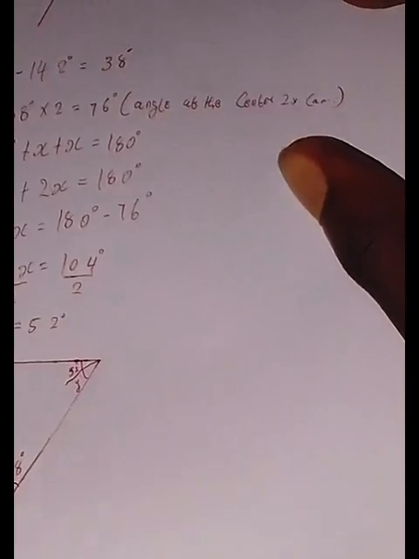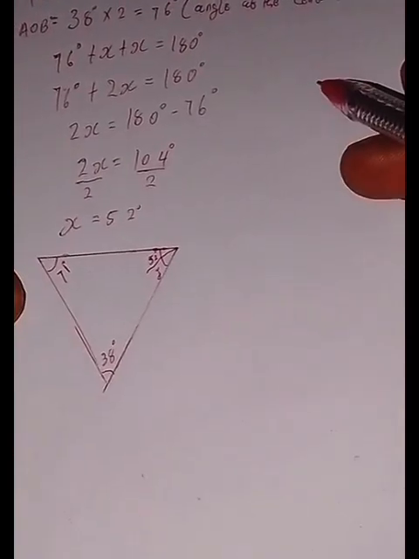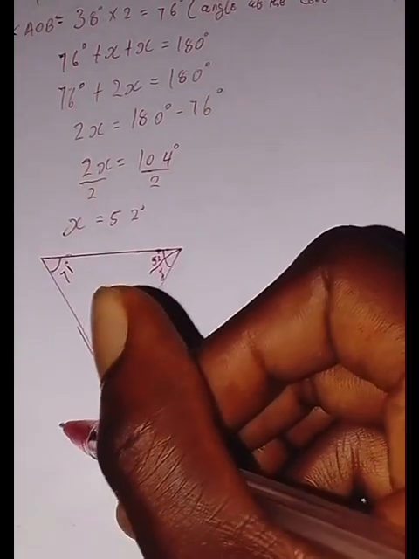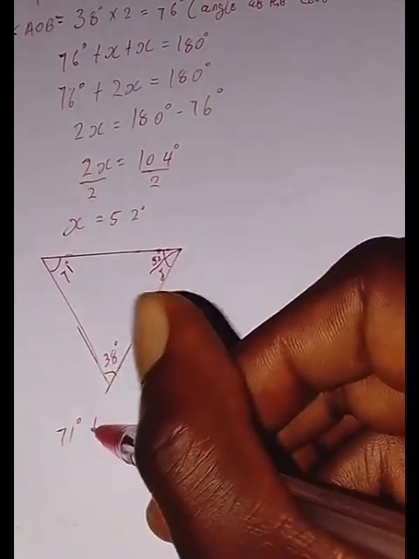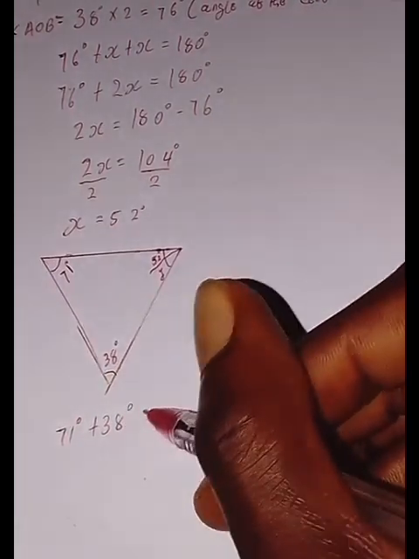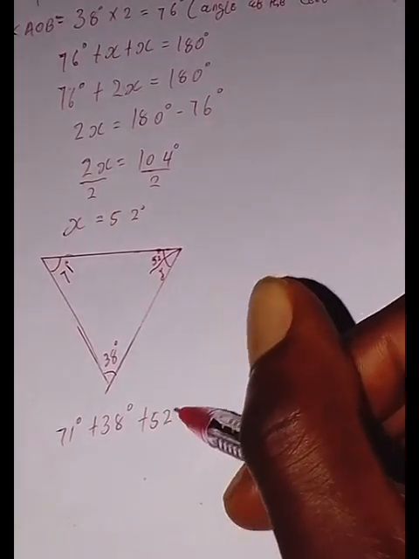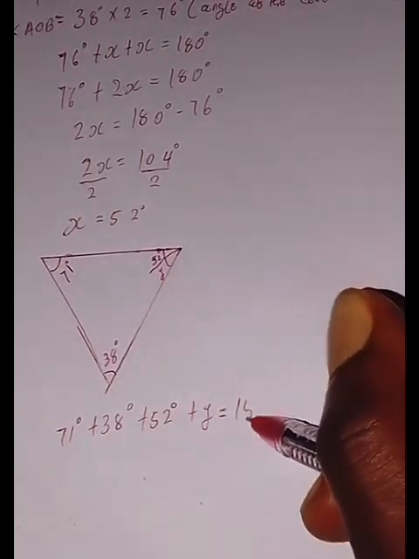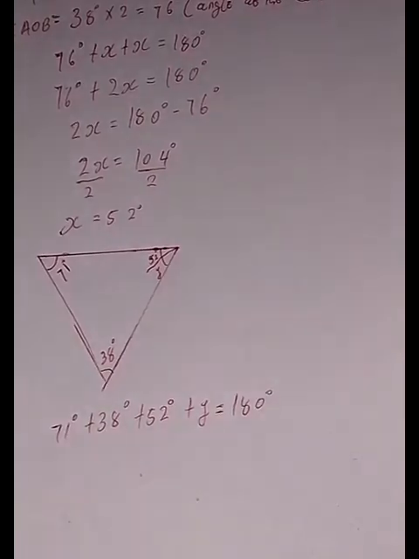So since we know that the angles in a triangle add up to 180 degrees, it means 71 degrees plus 38 degrees plus 52 degrees plus y, everything equals 180 degrees.